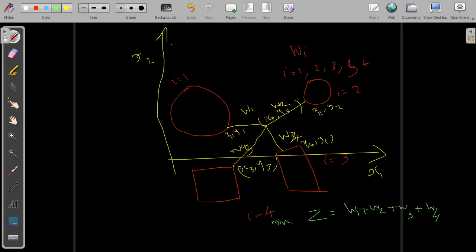How to minimize this z? In order to minimize z, we have to minimize w1, w2, w3 and w4. That means z minimum will be equal to w1 minimum plus w2 minimum plus w3 minimum plus w4 minimum.